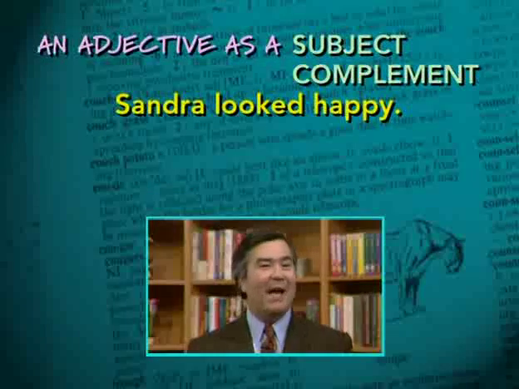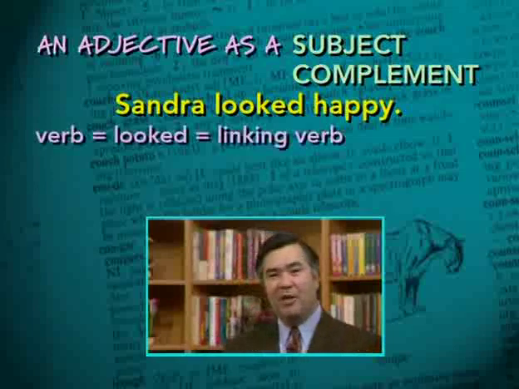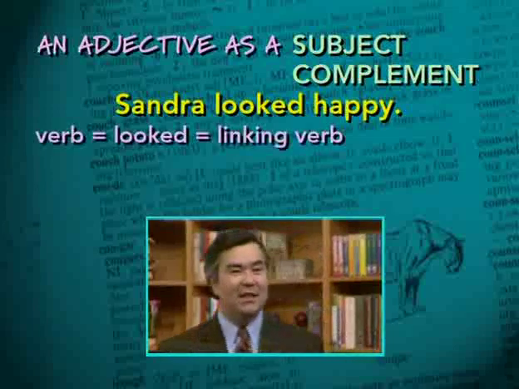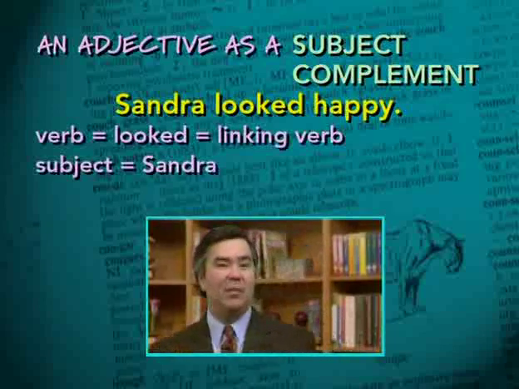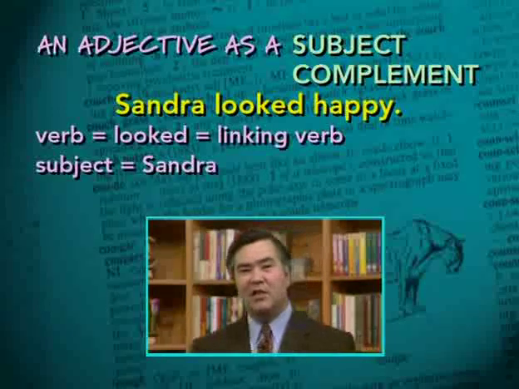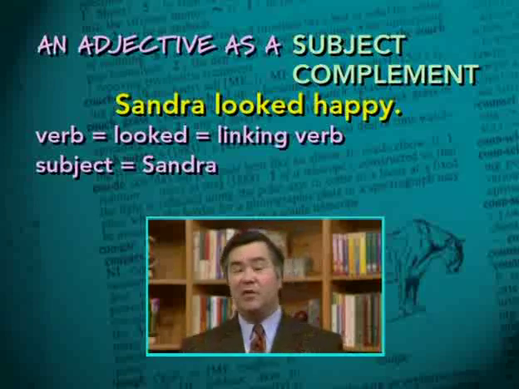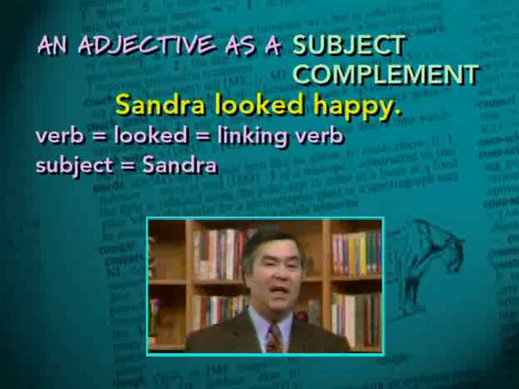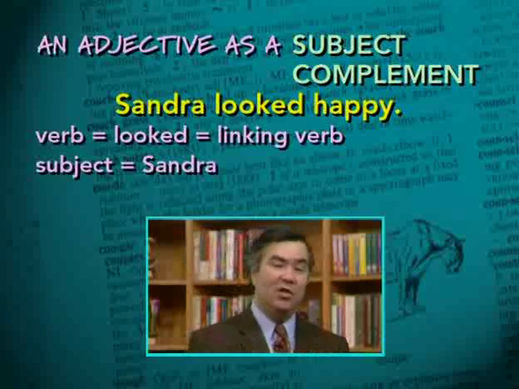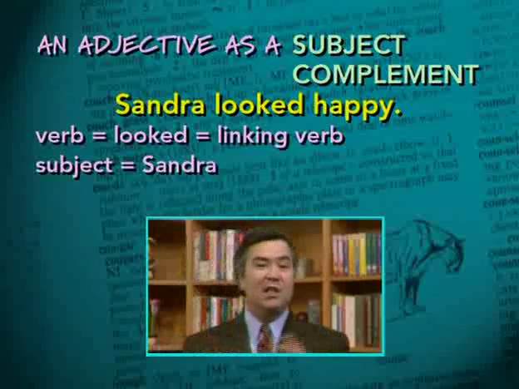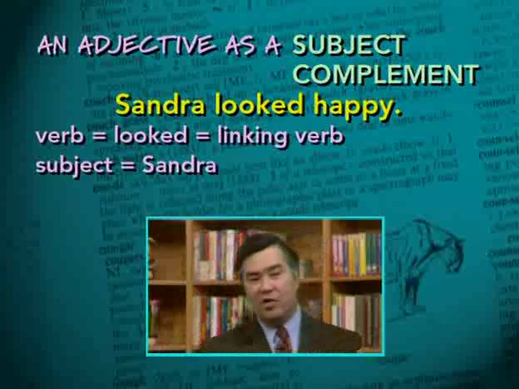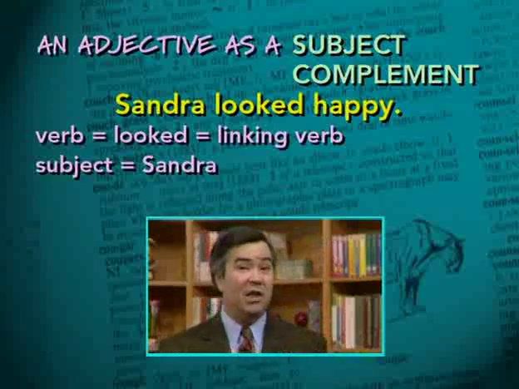Sandra looked happy. Here, the verb is looked. The subject is Sandra. And looked in this case is being used as a linking verb because what follows isn't receiving the action of the verb, but rather it's equating or being equated to the subject. What follows is the adjective happy, which describes, modifies, refers to, or gives more information about the subject.